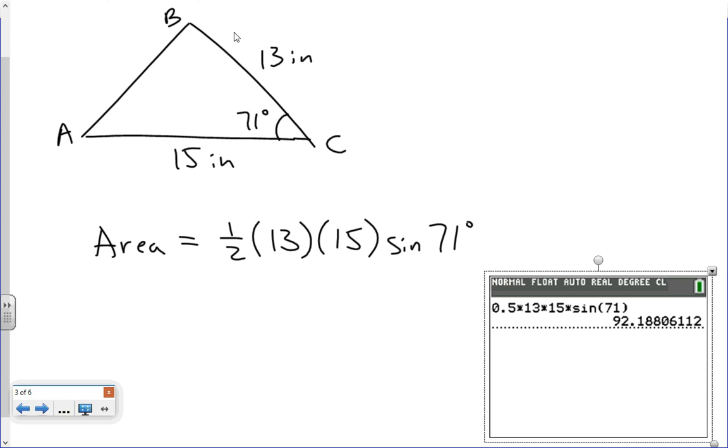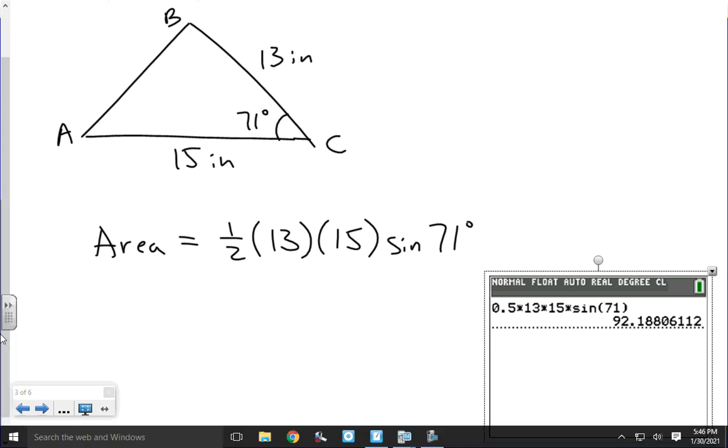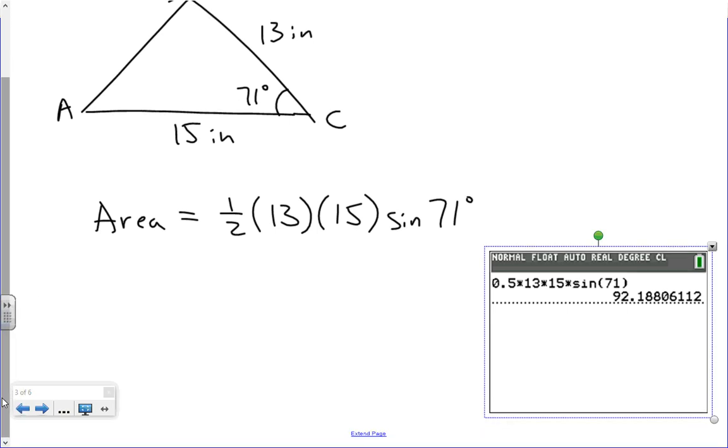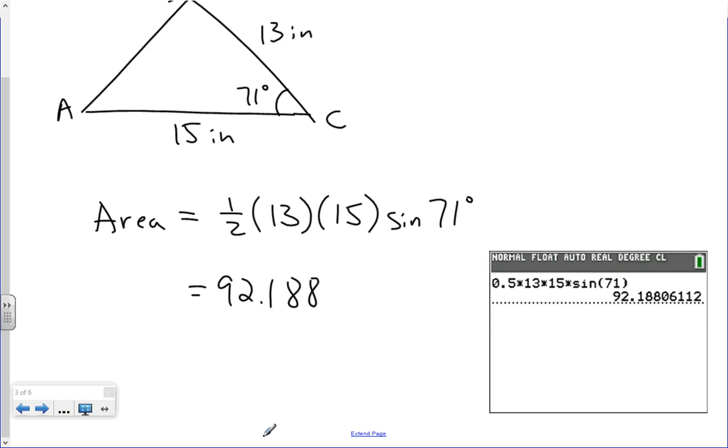So we can write that our area is equal to 92.188. And again, this is area. The units they gave us for our side lengths were in inches, so this would be in square inches for area. We're multiplying the 13 inches by the 15 inches, which is how we end up with square inches. So 92 square inches there.